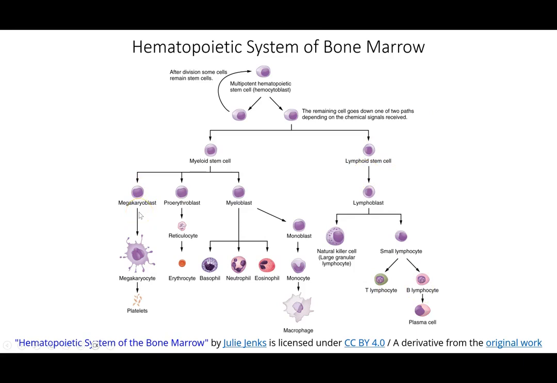Everything else is that myeloid pathway, so our macrophages, monocytes, eosinophils, neutrophils, basophils, and all of our other cell types and platelets are going to come from that myeloid pathway. But we are focusing mostly on these immune cells over here, so starting from about here over are all going to be part of that immune system and lymphatic system.